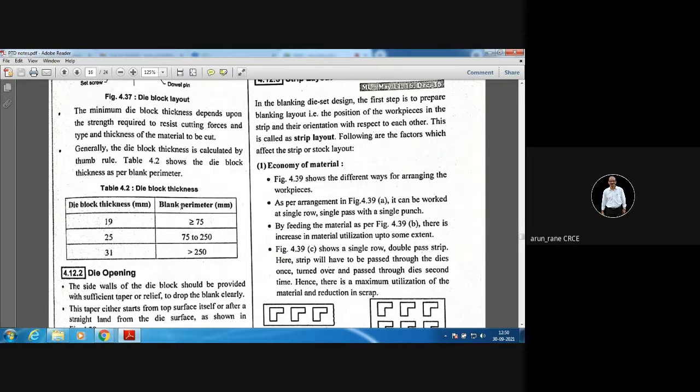Now here there is a mistake. Can anybody tell me what is the mistake? In this column there is a mistake. Can anyone tell me what is the mistake here? Please feel free.